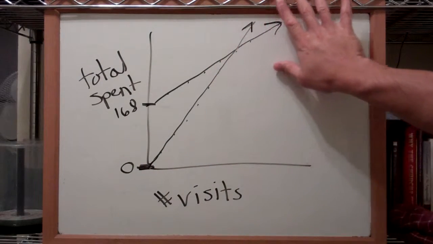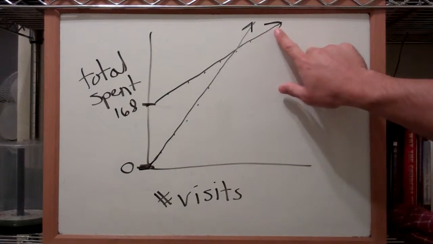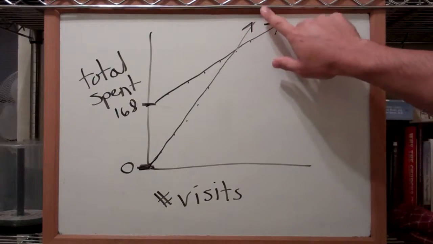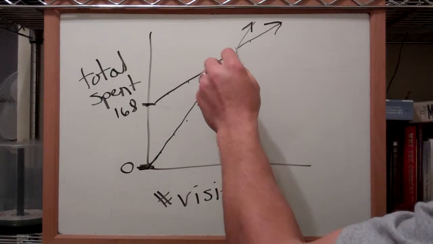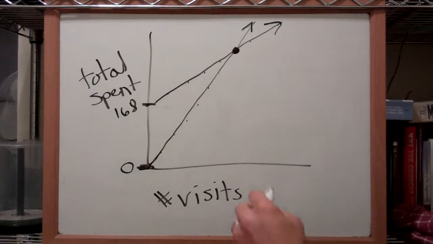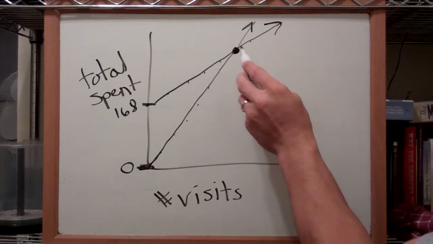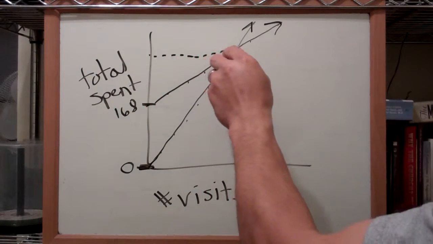But over time, as you can see, this person's going to pay less than this person as you use the card more and more. What we were looking to find in Part C was, where do these two intersect? Where is it the same? Where is the total spent going to be the same?